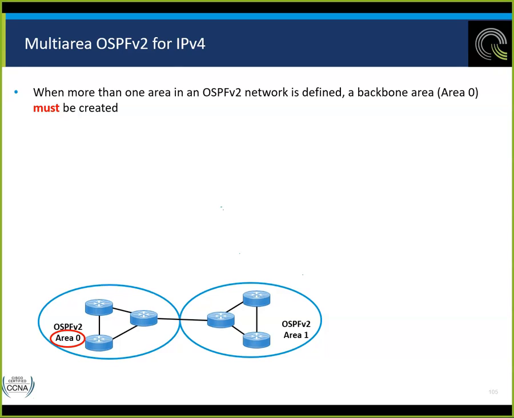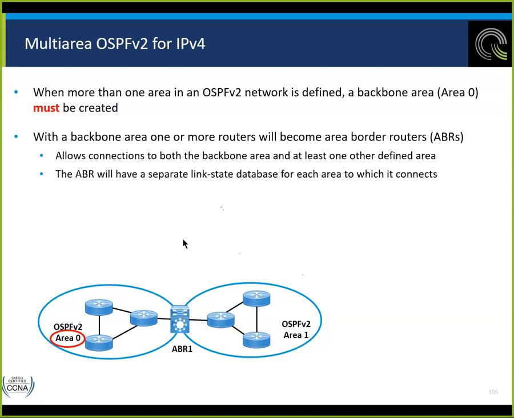Then we can create other areas, area 1. When we want these to communicate, we have to put another router in the middle and put 2 interfaces on it, 1 interface in each of the areas, so that it becomes the area border router. It's the relay of the routing information from one area to the other area.